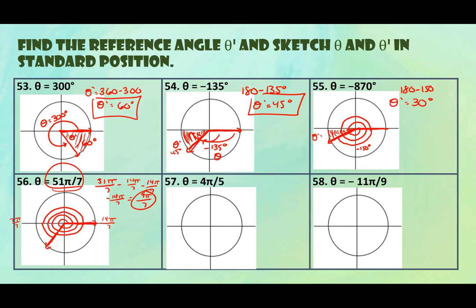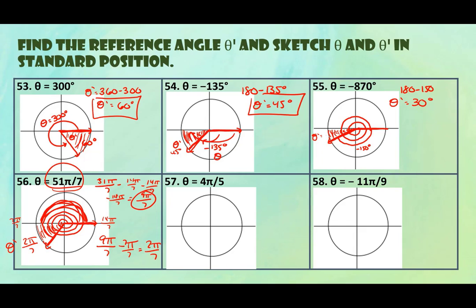Because if this is 9 pi over 7 here, we're looking for this little area right here. Okay, so we have 9 pi over 7 minus pi, which would be this angle right here, right? But we're going to call that 7 pi over 7 to get 2 pi over 7. And that's actually going to be our reference angle.